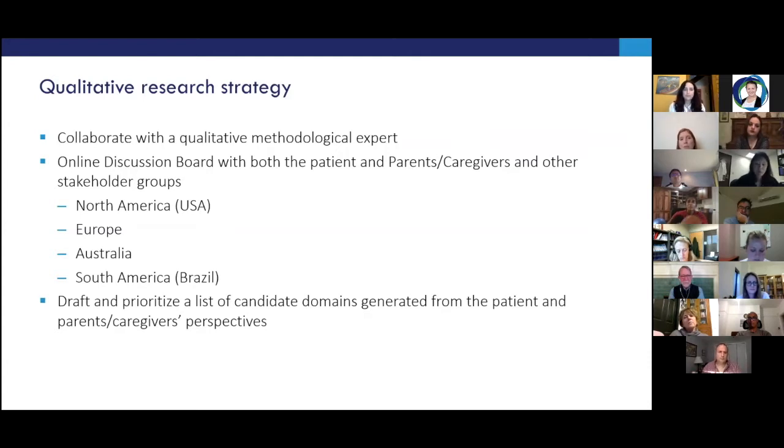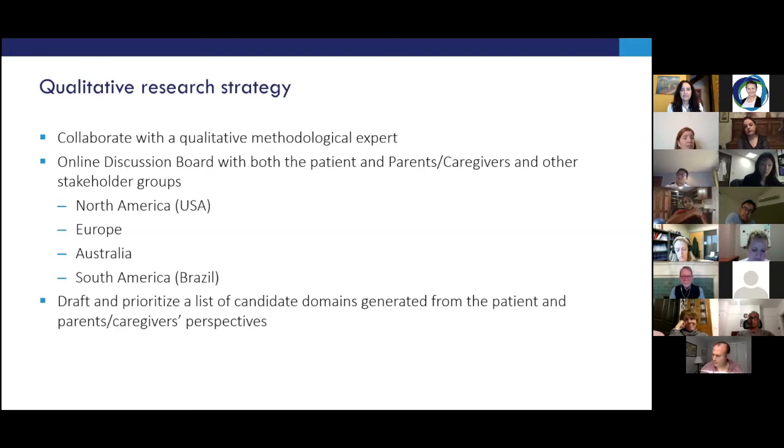We have not implemented it yet, but we would like to work with a qualitative methodological expert and collaborate with them to develop these online discussion boards so that we can reach a bunch of people. We had discussed doing in-person focus groups. It's probably not the best idea to do that nowadays, with everything that's going on. So the online discussion board is really going to be key.